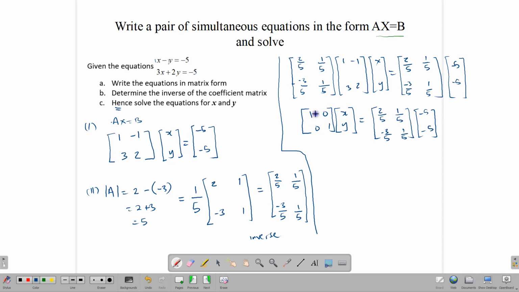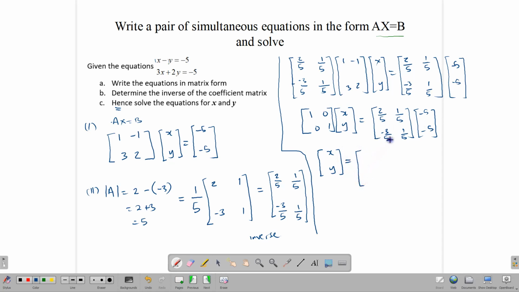So when we multiply this matrix times x y, we are simply going to get back x y. 1 times x plus 0 times y gives us x. 0 times x plus 1 times y gives us y. So this simply gives us x y. And it's telling us that x y is equal to the product of these two matrices.